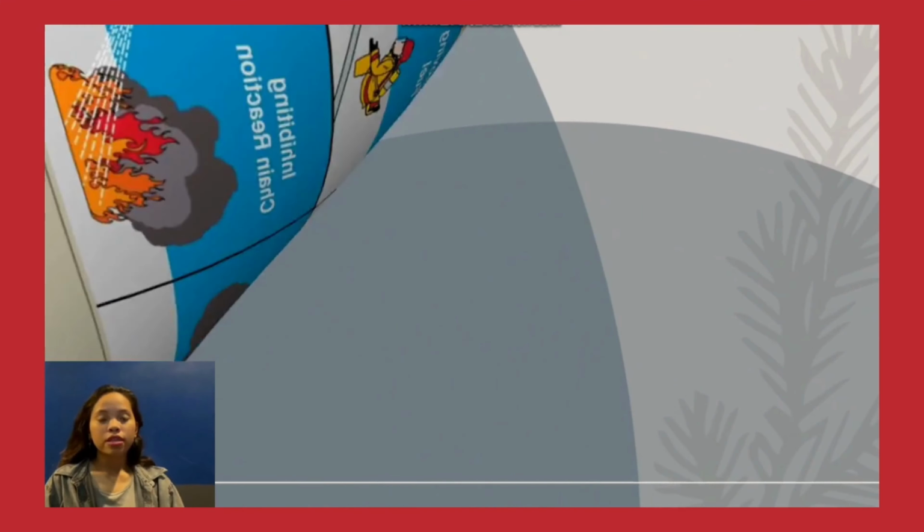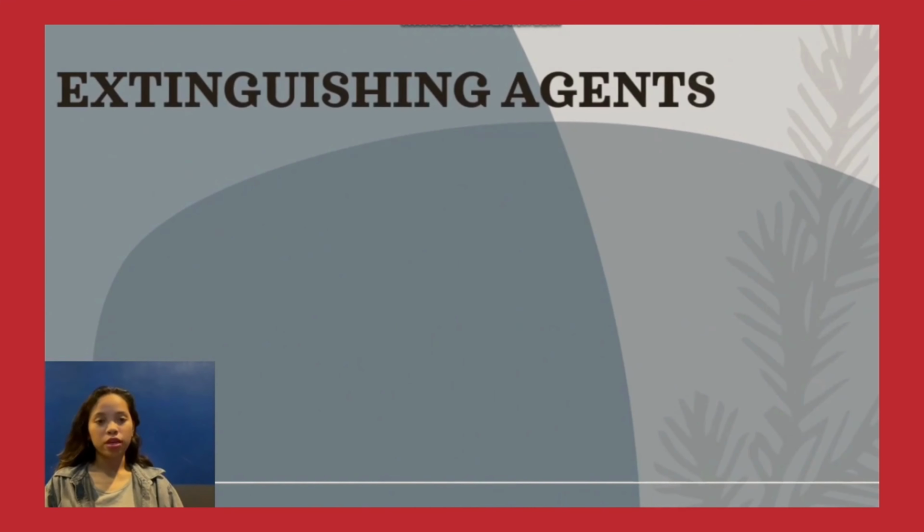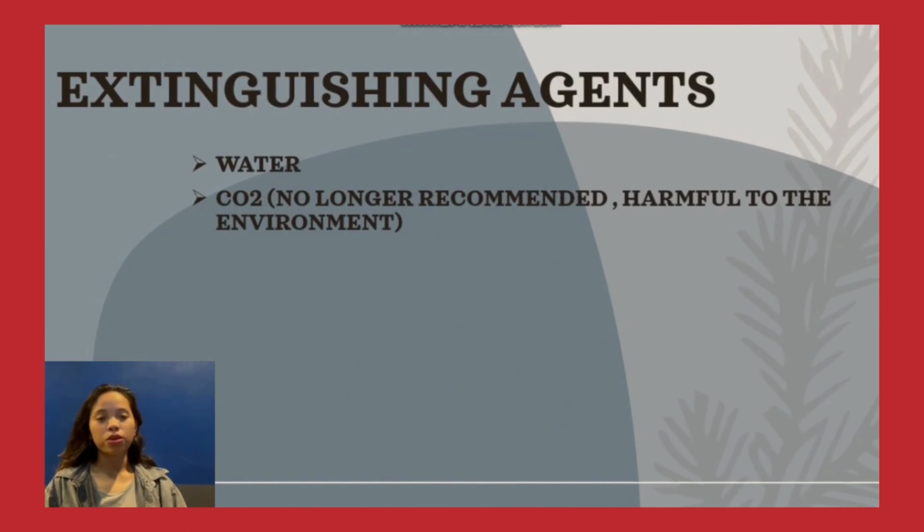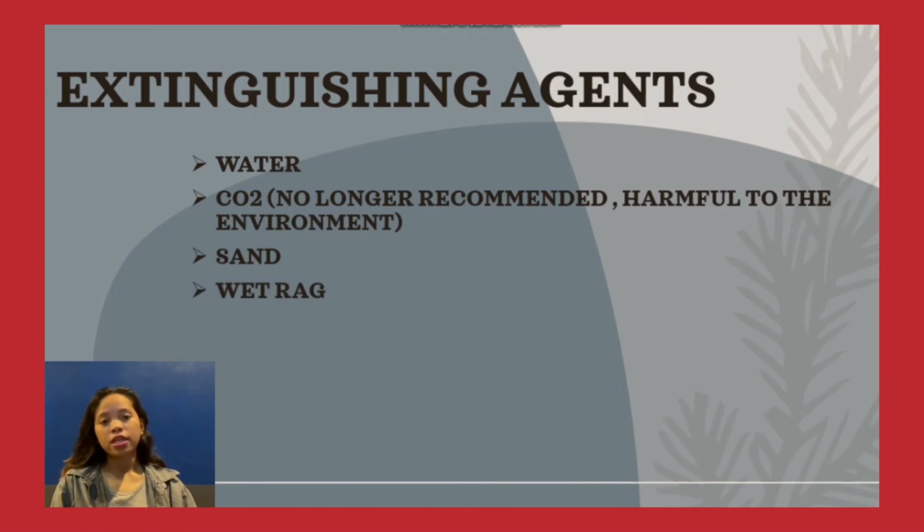So these are the extinguishing agents that we can use to extinguish fire. So we can use water, and we have here CO2, which is actually no longer recommended because of the harmful effects to the environment. And we also have the sand, which we discussed earlier, what we use for smothering. We have the wet rag, foam.